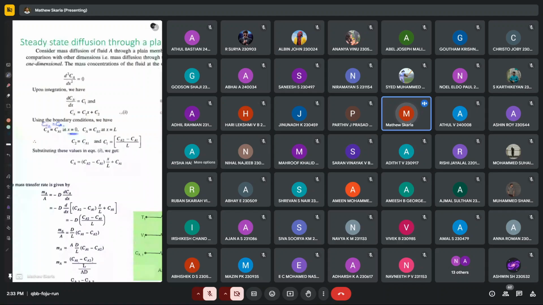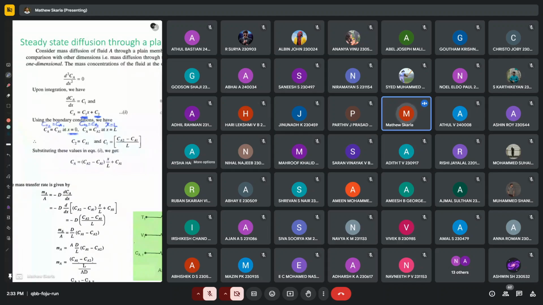Then at x equal to L, concentration of oxygen, Ca, that's equal to Ca2, that's equal to 5 units. അതാണ് ഉദ്ദേശിക്കുന്നത്. ആ രണ്ട് ബൗണ്ടറി കണ്ടീഷൻ കൊടുത്തിട്ട് ഈ കോൺസ്റ്റന്റ് C1ഉം C2ഉം ഇവാലുവേറ്റ് ചെയ്യുന്നു.